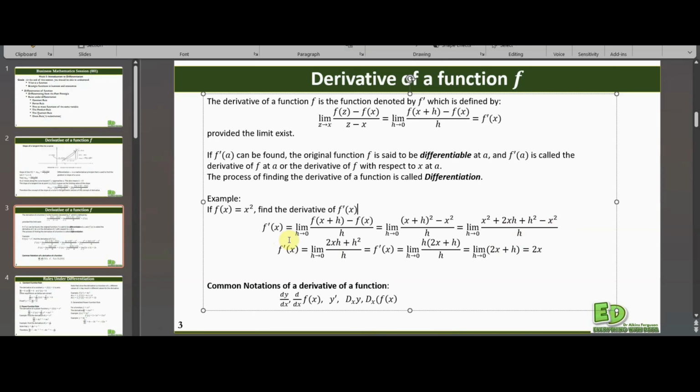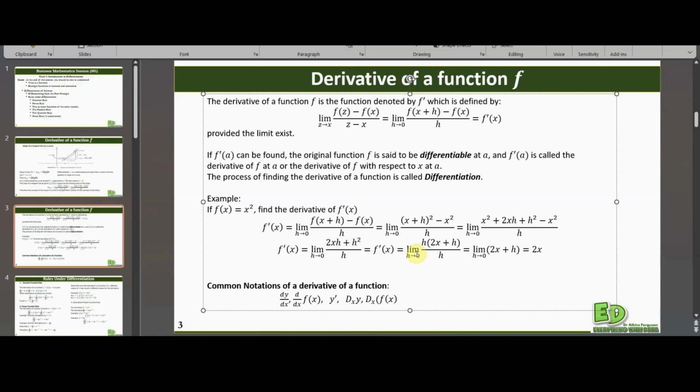What is the next thing? We would still write f prime of x is equal to the limit as h approaches 0. Then we can see that we have positive x squared here, we have negative x squared here. So this positive x squared will cancel this negative x squared off, leaving us with 2xh plus h squared all over our h. The next step is that looking at this numerator, 2xh plus h squared, it has a common factor, which is our h.